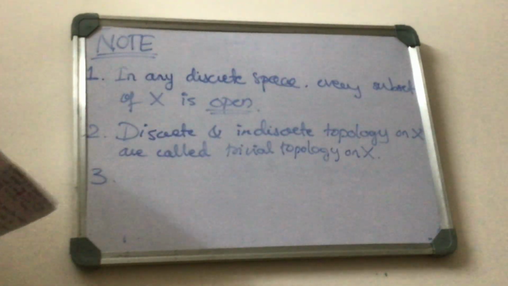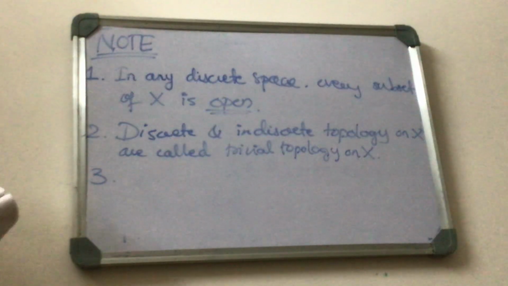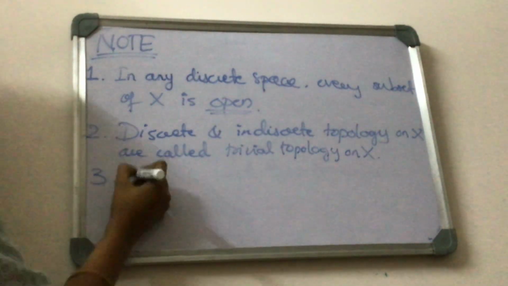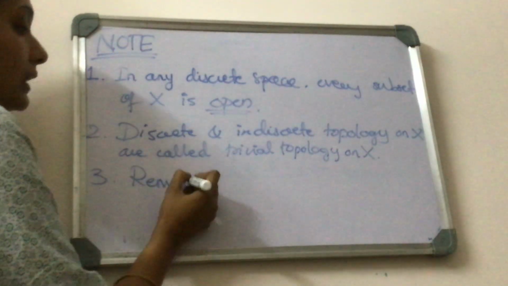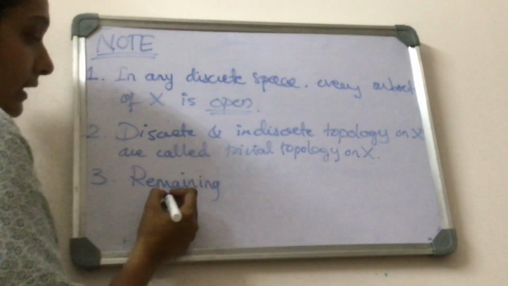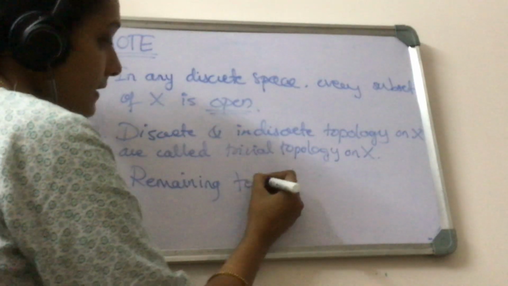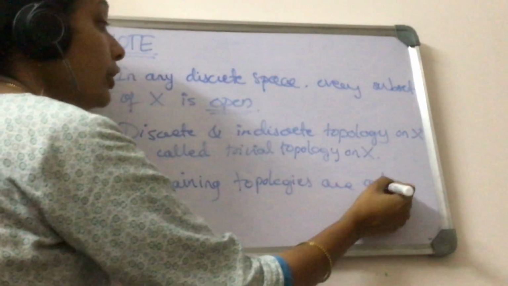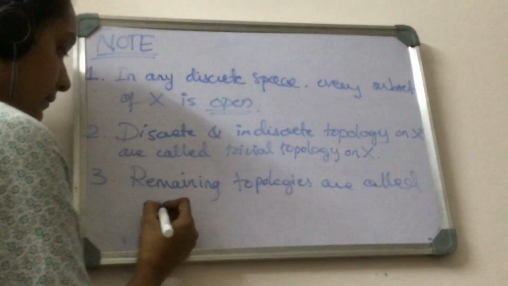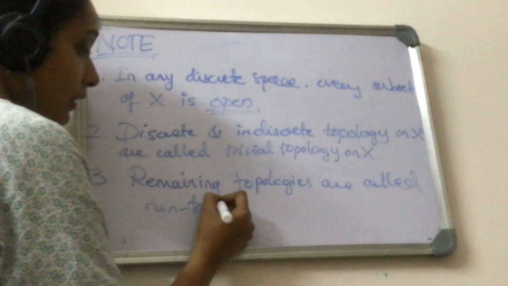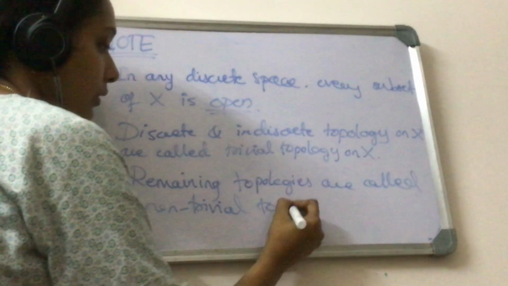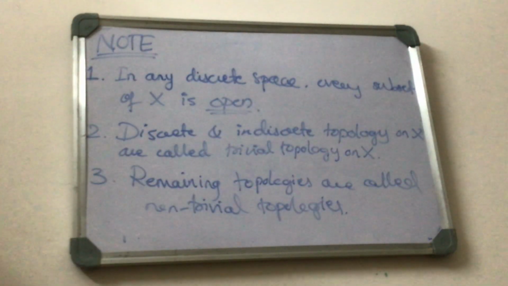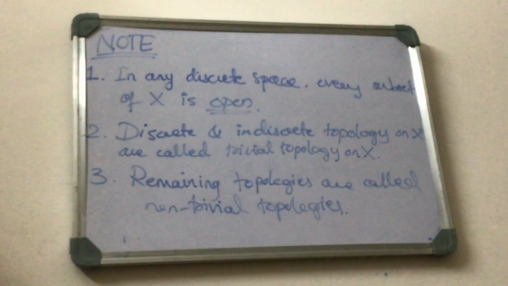On which set it is, you should mention that. And the third one is, remaining other topologies: except the discrete and indiscrete, the remaining topologies are called non-trivial topologies. Okay, this is all about the discrete and indiscrete.